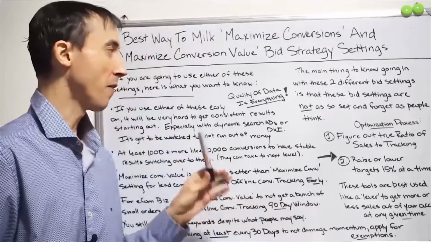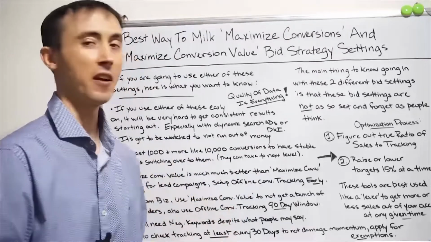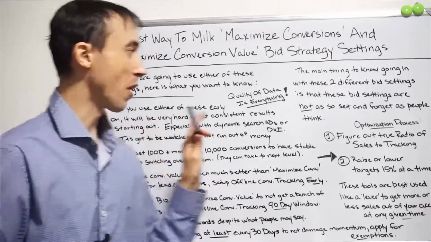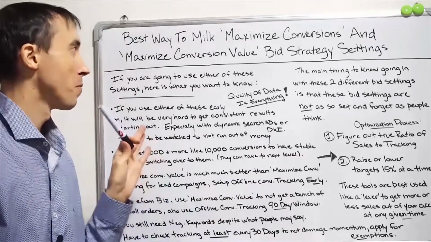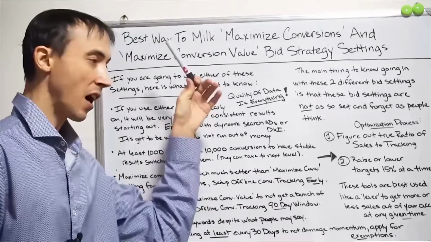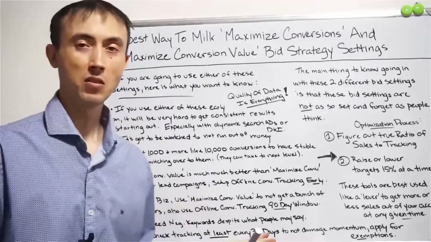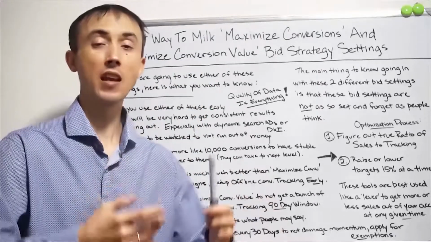So anyway, with all that said, that was a quick detour out of talking about maximize conversions and maximize conversion value. But I'm going to share with you a list of things, if you're going to use these, which there are certain times you can use them and they can be productive.